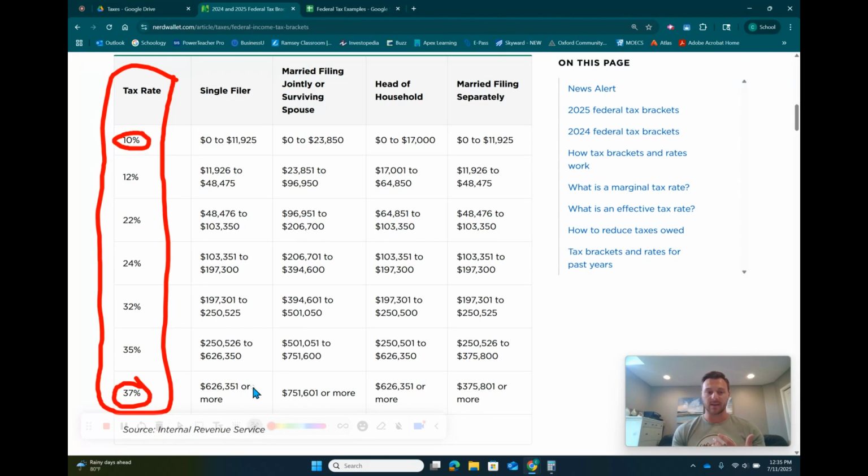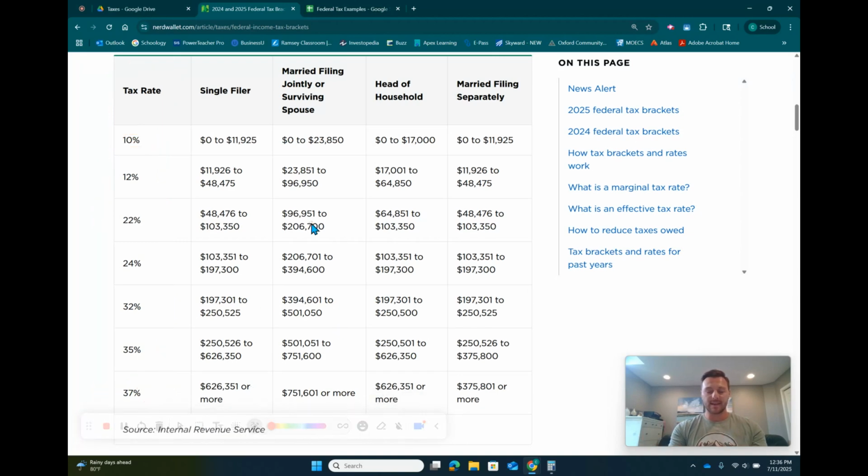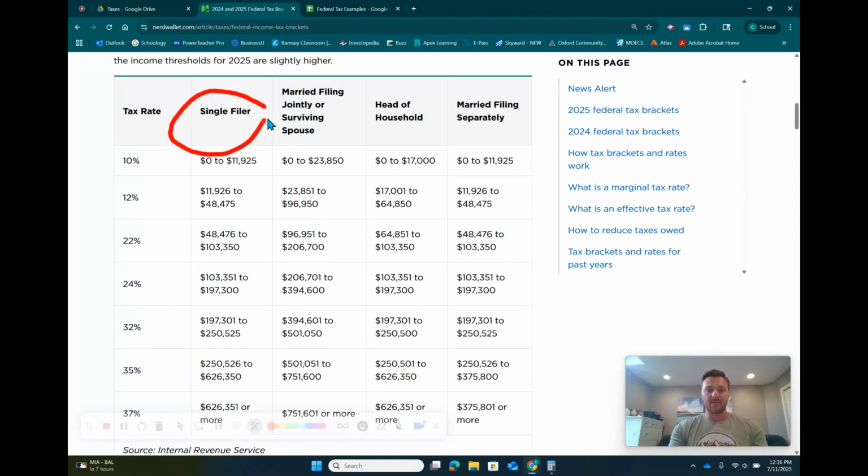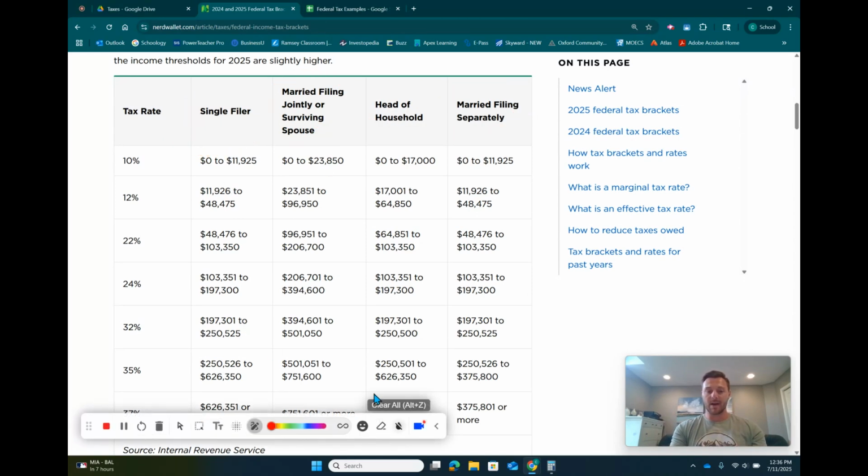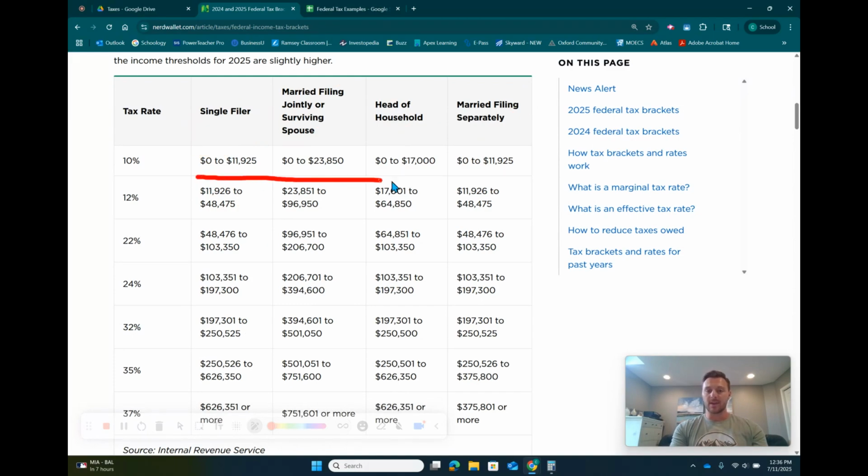It also has the different filing statuses: single, married filing jointly, surviving spouse, head of household, and married filing separately. Why those matter is because it changes the amounts of income that you can have in each bracket.